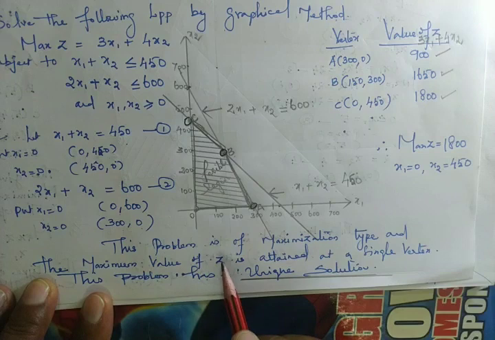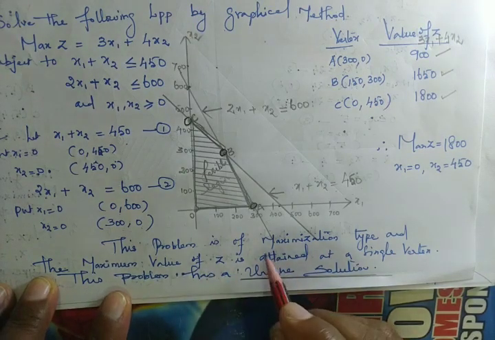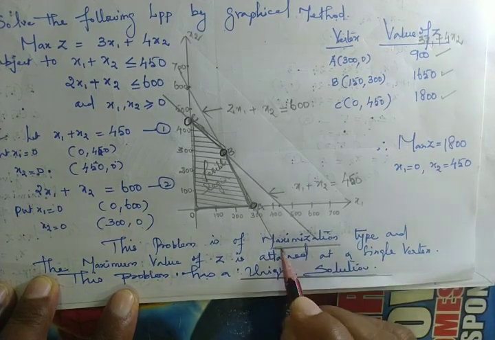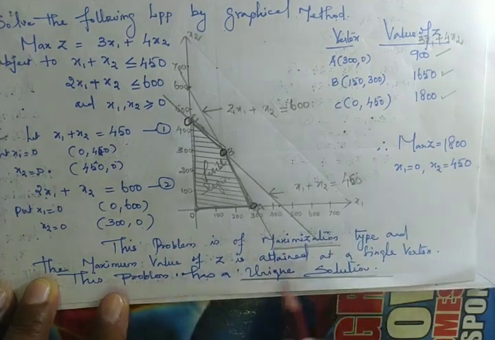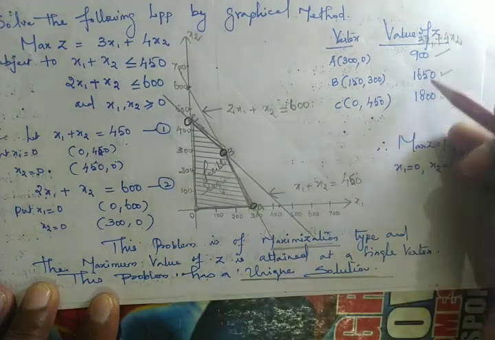Now, in this problem, we are going to consider the objective. The given objective function is maximization type. If it is maximization, we have to consider the maximum value of Z. So here we have the Z values.